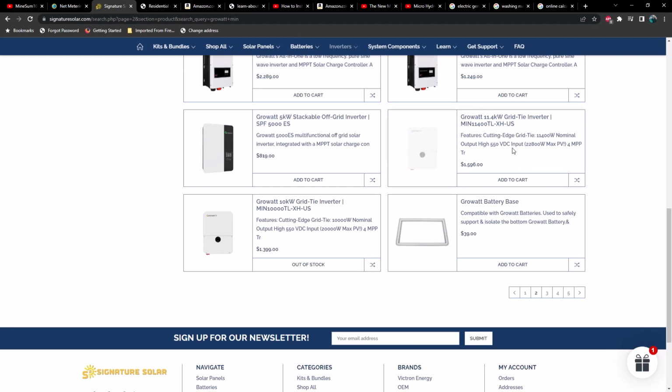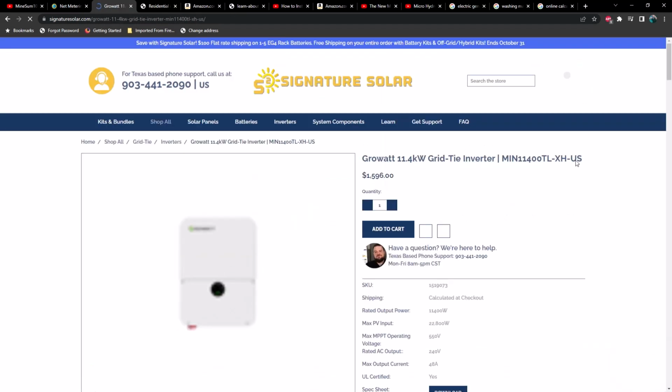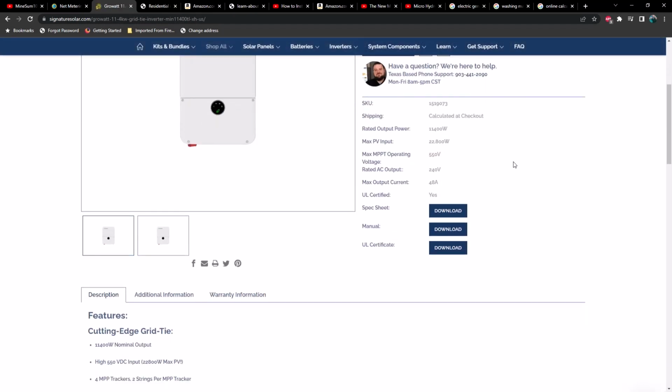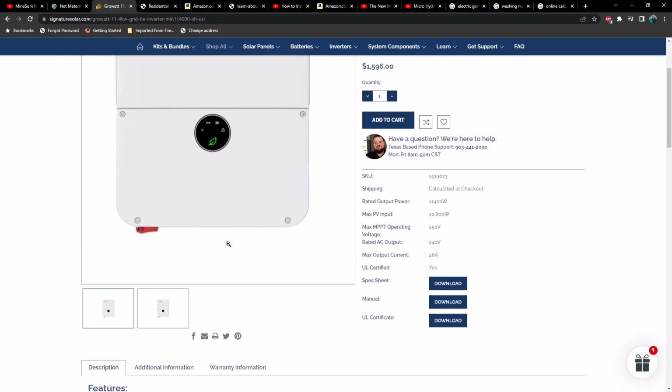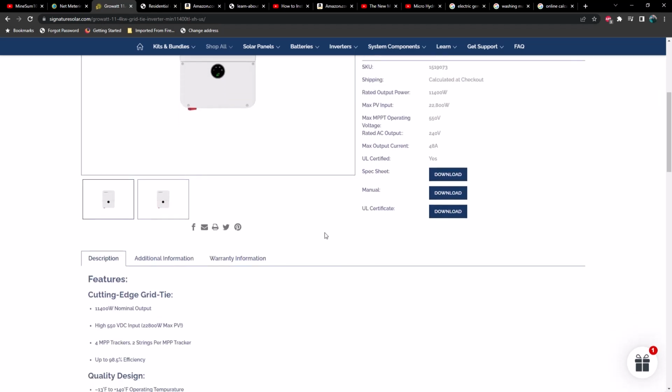Now, one thing to consider also is how many MPPT controllers you get. On the 11.4, you get 4 of them, and what that means, guys, in case you're not aware, is the inputs on the bottom, how many solar arrays you can hook up at the bottom of this thing. So 4 MPPT trackers means 2 strings per MPPT.